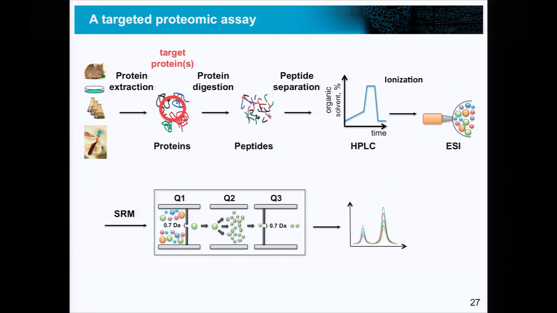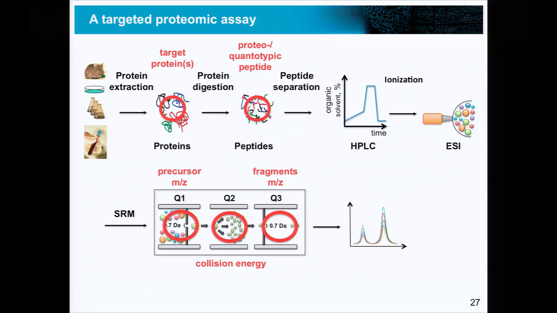It contains information on what your target proteins are, what the best proteotypic or quantitypic peptides are, and how these peptides behave on the mass spectrometer. So what are the Q1 and Q3 values that you want to target, and at which collision energy do you want to measure these targets. All of those parameters that I show you here are strictly required. If you don't have them, you cannot start the measurement.